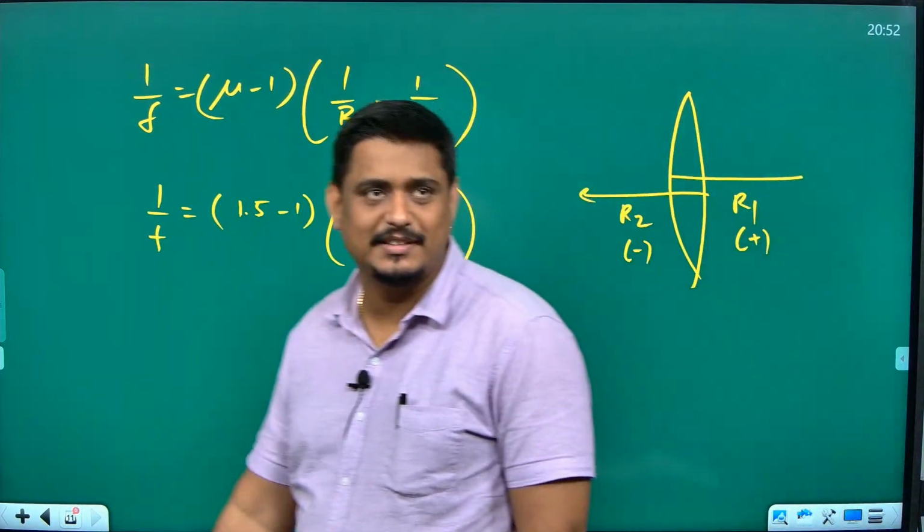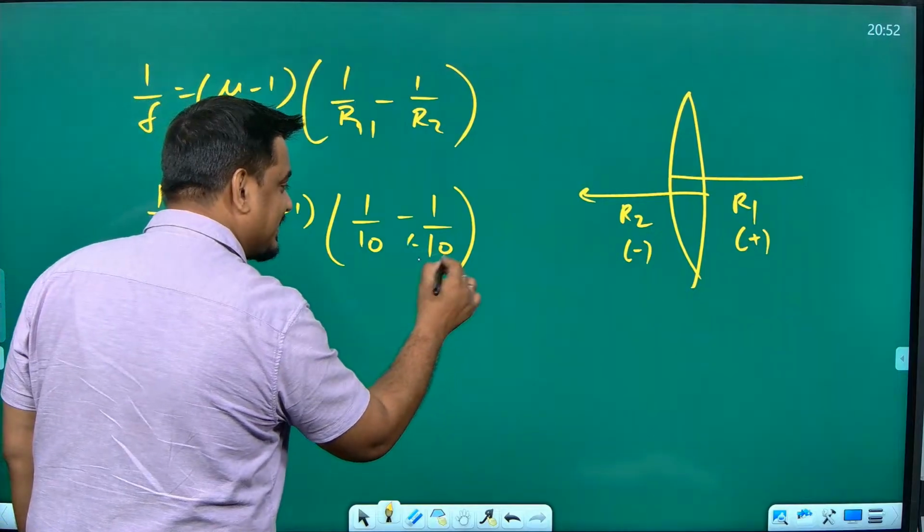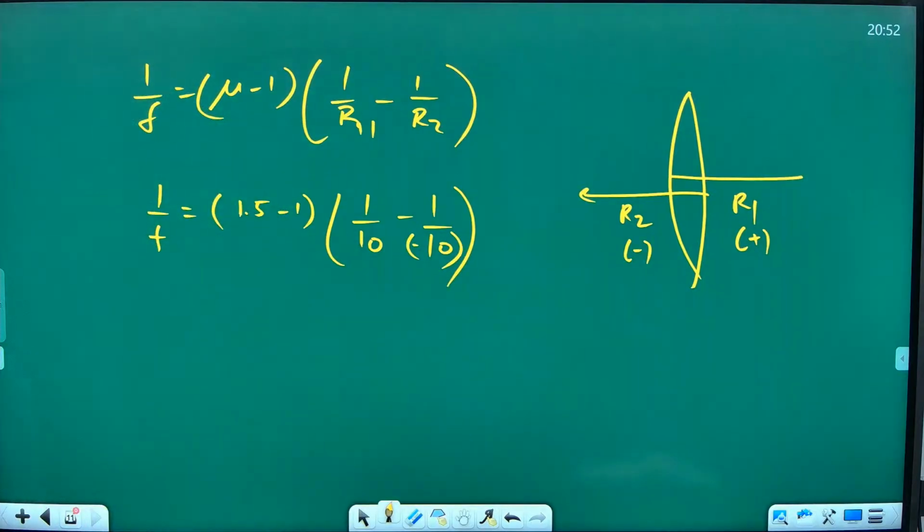Are you getting the point? That is a twist here. So, it will be minus 10 here. I hope you get my point. No, you will get f as negative, that will be a blunder. A convex lens cannot have negative focal length, isn't it?